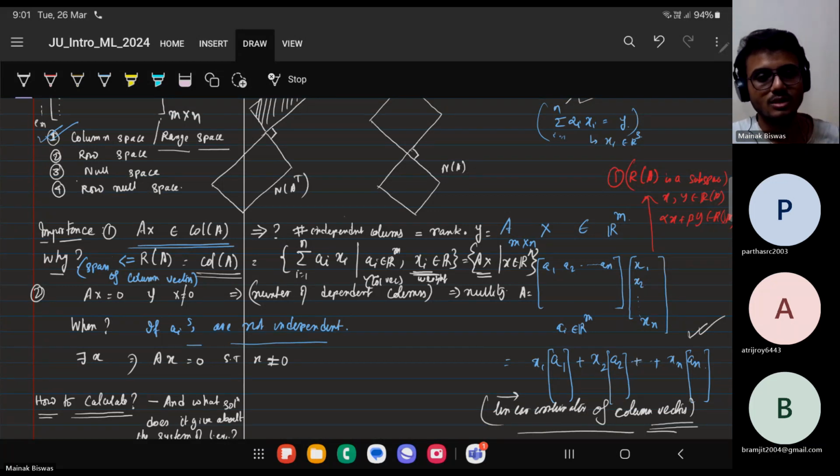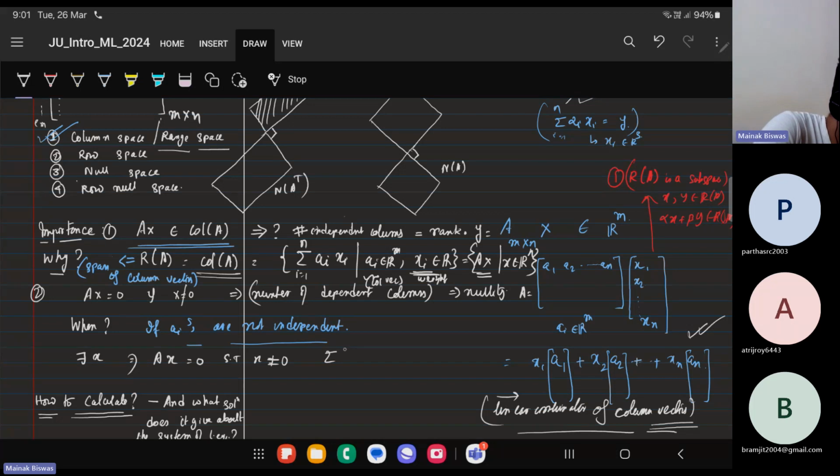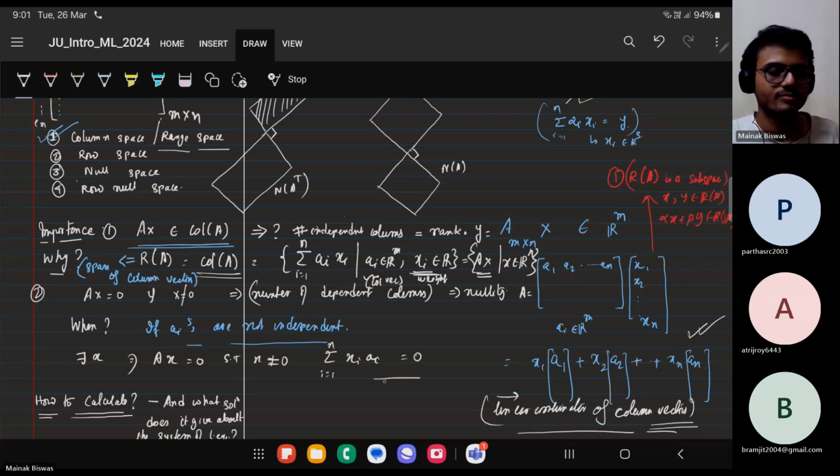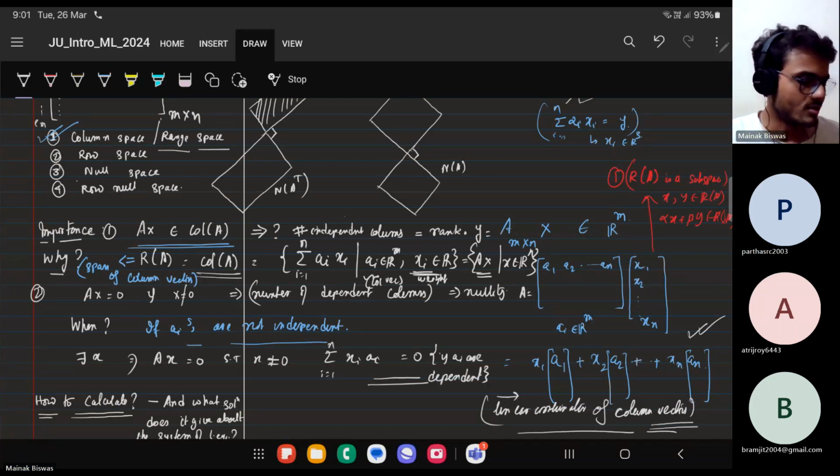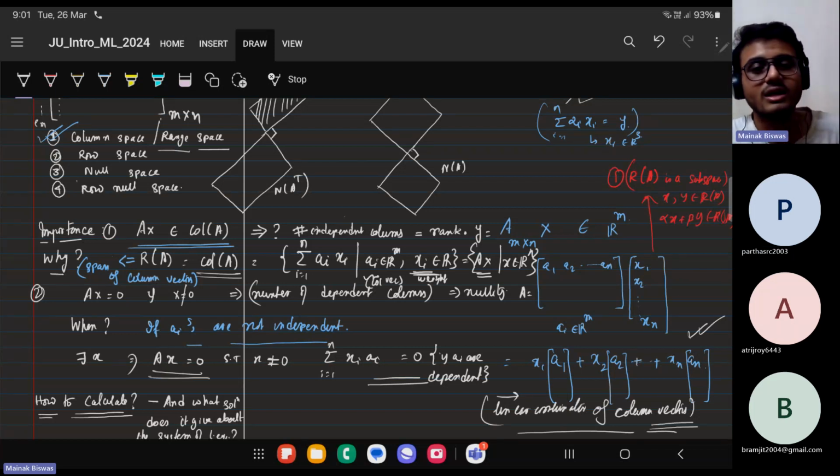Because if they are not independent, the sum of x_i a_i, for i equal to 1 to n, can be 0. Yes, definitely, this product can become 0 if they are not independent.